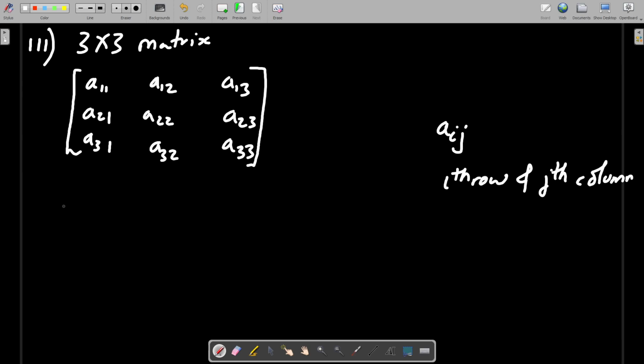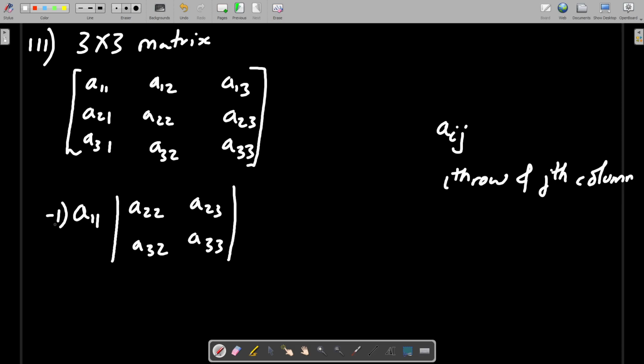What you're supposed to do is calculate A11 multiplied by the determinant of A22, A23, A32, A33, and here you write minus 1 to the power 1 plus 1. We are writing the determinant of A over here. A is equal to this matrix, and the determinant of A will be these numbers.